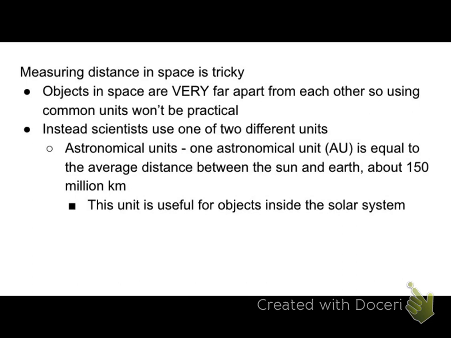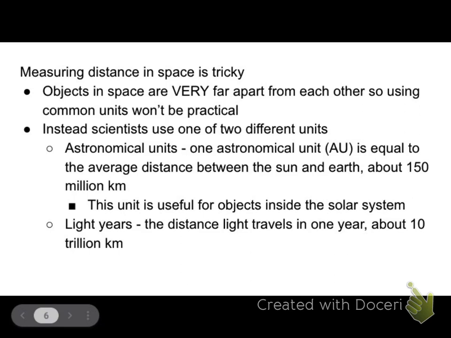But once we start to get outside of our solar system, objects get infinitely further away from us, and so using astronomical units no longer works either, and this is the point at which we use light years. Light years are the distance that light travels in 1 year, and that is about 10 trillion kilometers. This is what we use to measure objects outside the solar system.